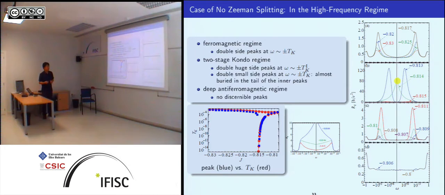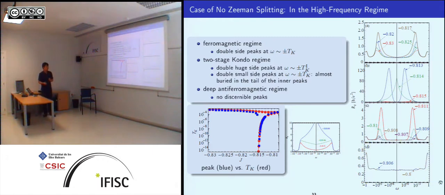And as J is increased, the peak position is moved from low frequency to high frequency. And here you see only one peak, but by amplifying this part, we have another peak, which is hidden in the tail of the inner peaks. So actually we have 4 side peaks here. The inner one occurs at the second temperature, and the outer one happens at the first temperature.